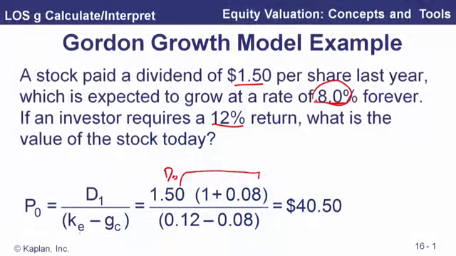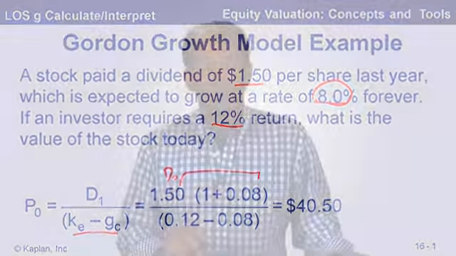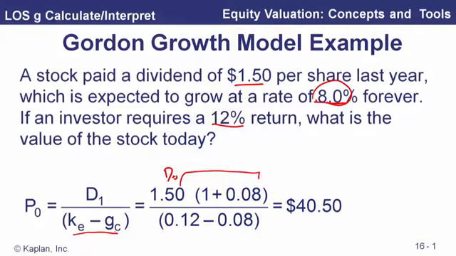But remember, you have to start with D1, the dividend expected 1 year from now. And then we divide by the required rate of return minus this constant growth rate. Now, clearly the constant growth rate has to be less than the required rate of return for this to give us a sensible answer.